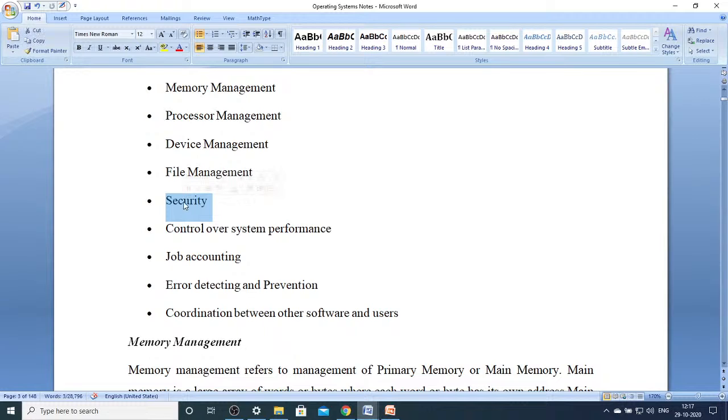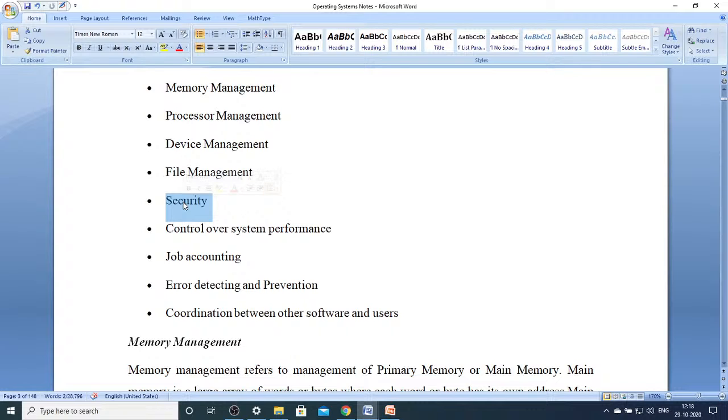And security strictly speaks with regard to defense against internal and external attacks. How is the operating system going to make sure that it defends against any attacks on the resources of the system?